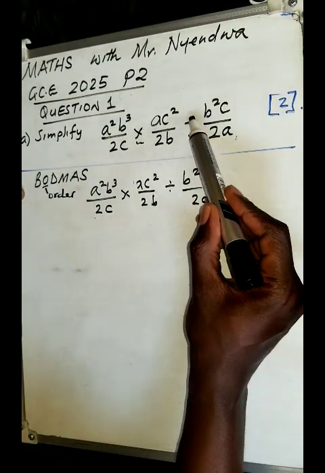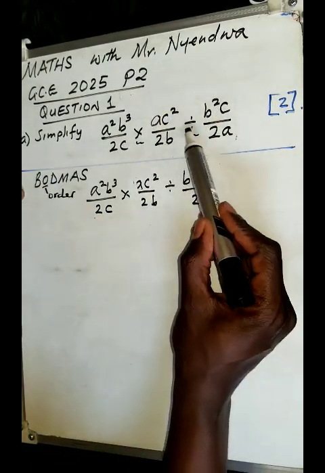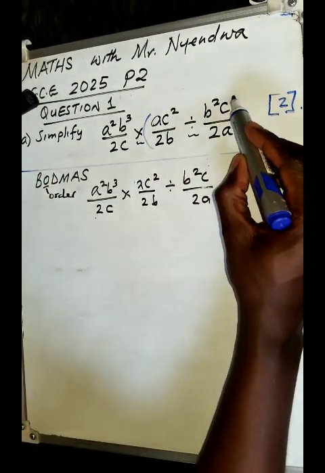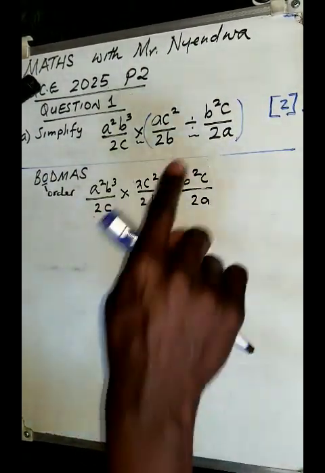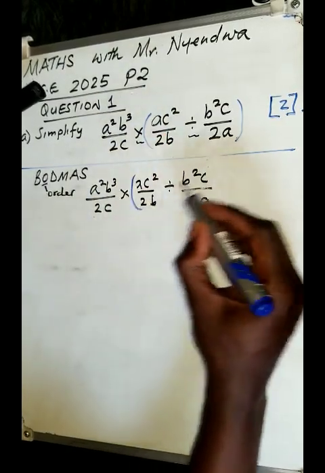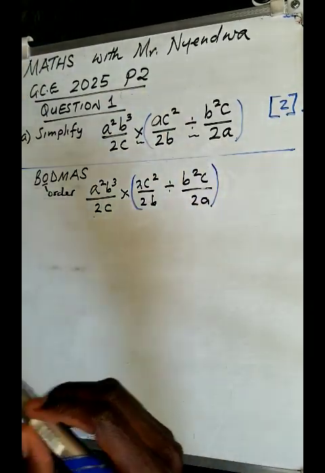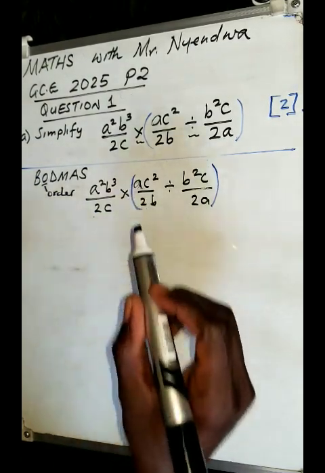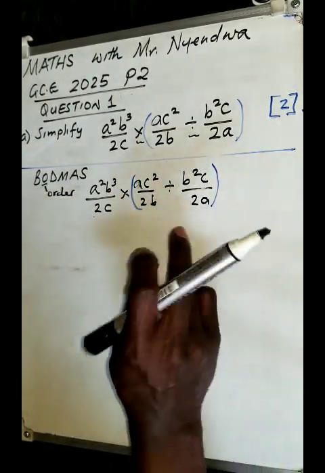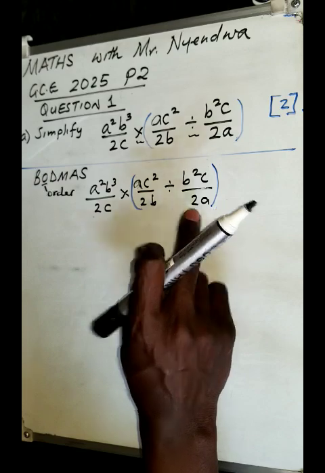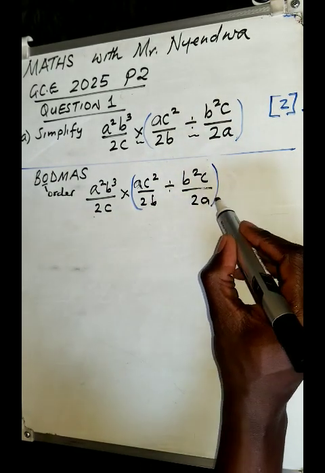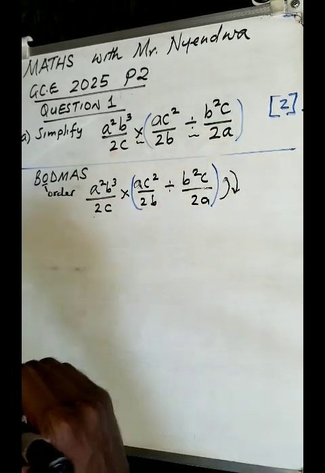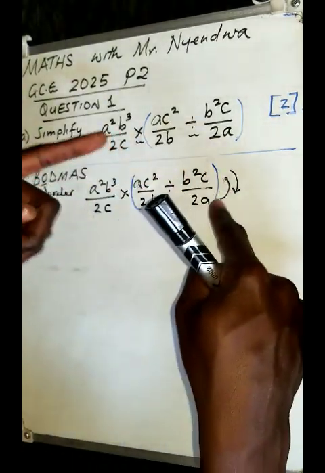Because of division, those terms that are closer to the division sign, I can put them in brackets. If I rewrite that by putting brackets around those terms, it simply means that for the terms in the bracket to your right, the denominator will become the numerator and the numerator will become the denominator, so they exchange position.